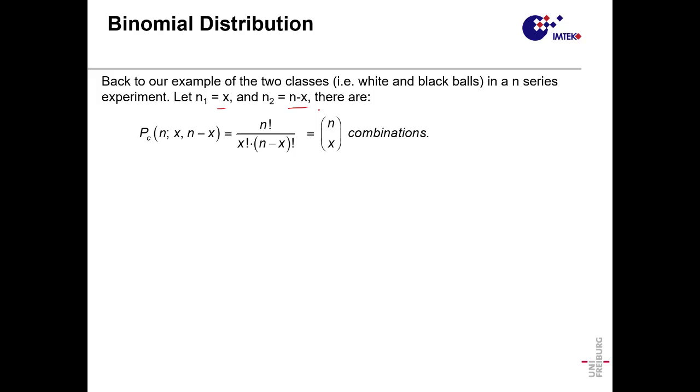So if you have n experiments, you want to know in how many ways you can accommodate the whites to happen in these n experiments, okay? Because the white will happen at the beginning, at the middle, at the end, at some point, right? But they will be distributed in some way within these n drawings of the ball, okay?